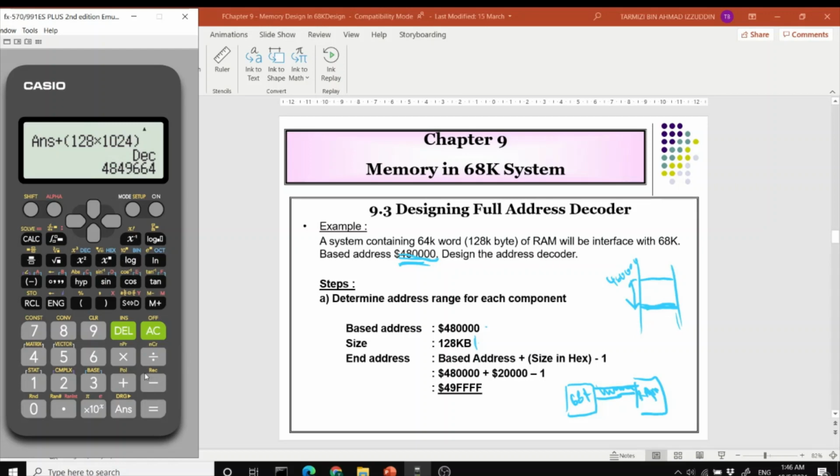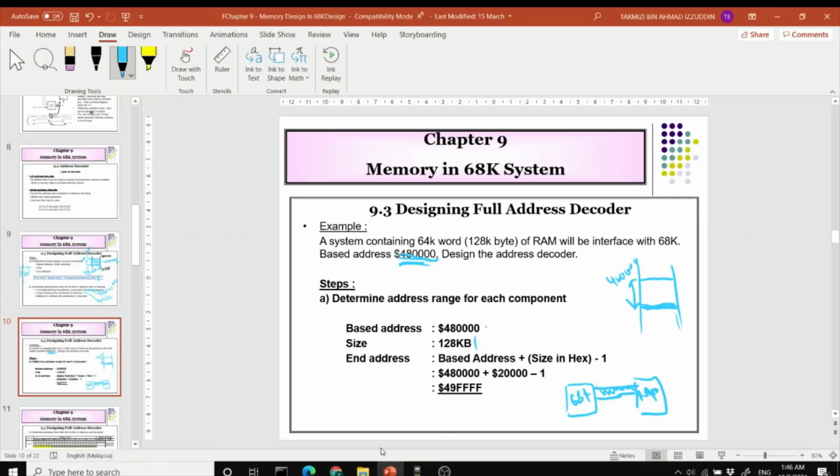Finally you subtract 1. In hex, you get 49FFFF. So that's how you calculate the end address.